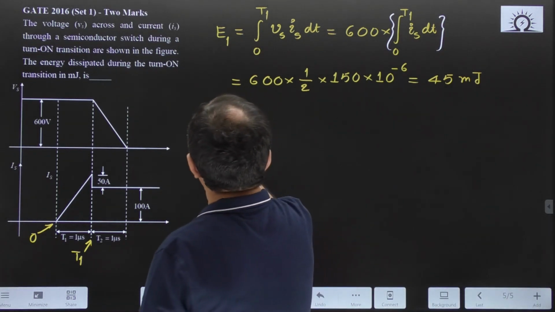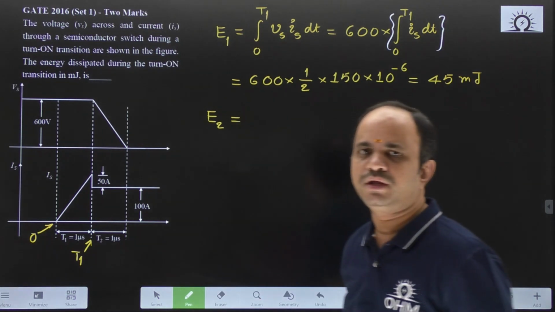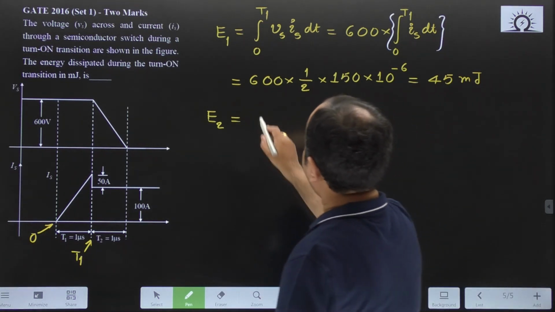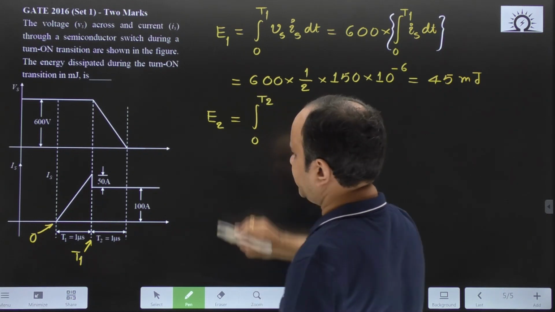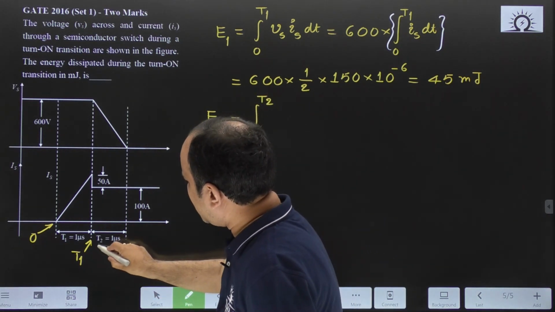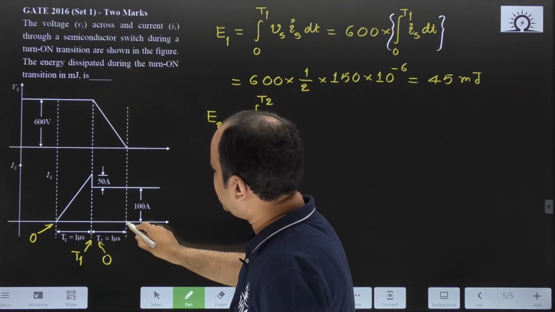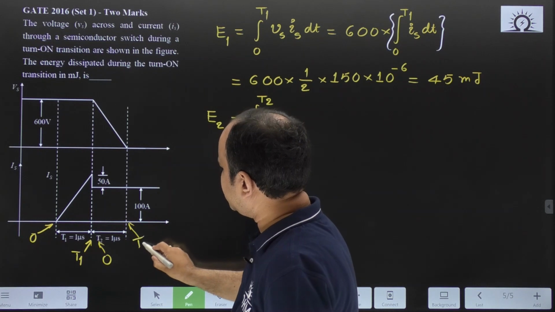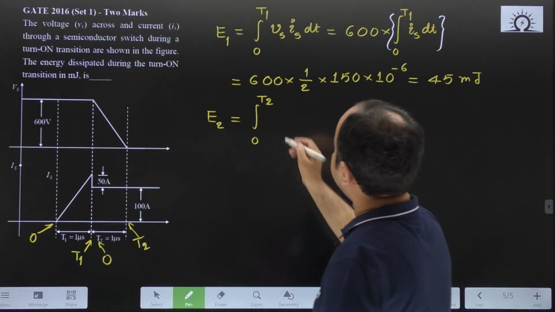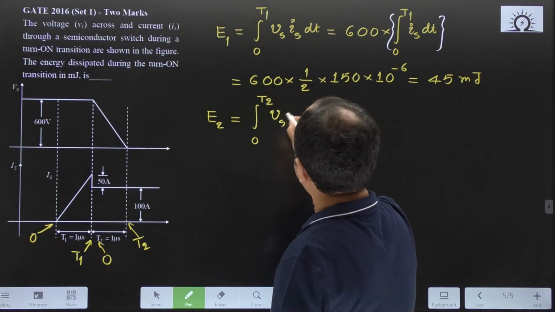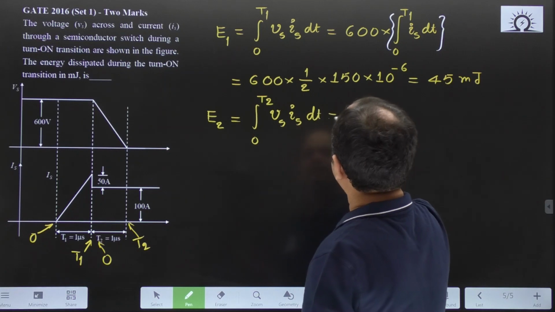Next, in a similar way, the energy loss during interval 2 can be expressed as integration from 0 to T2. Now, during the T2 interval I will take this point as 0 and this point will be T2. So, integration from 0 to T2, the same integration Vs multiplied with Is dt.